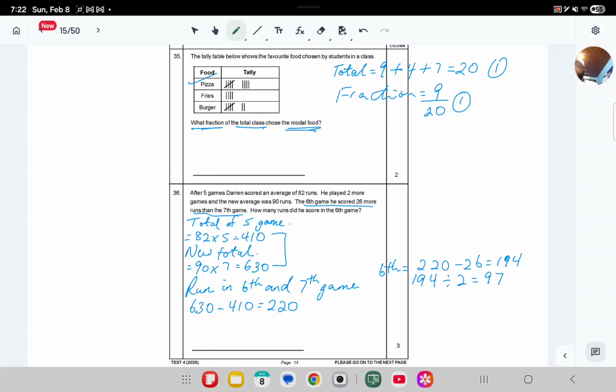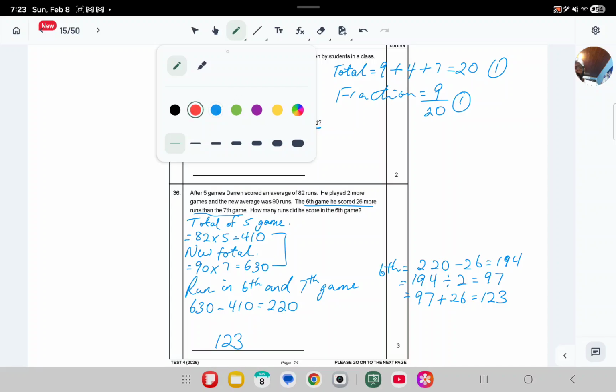So we put aside 97 for the 6th game, we put aside 97 for the 7th game. However, in the 6th game, he scored 26 more. So you add 97 plus the 26 that we put aside, and that will give us 123 runs. So he scored a total of 123 runs.